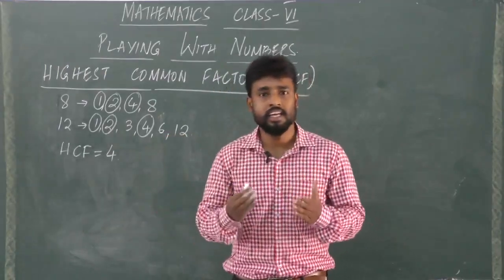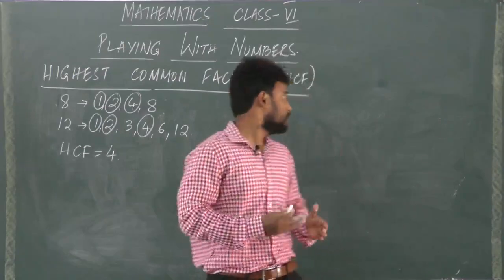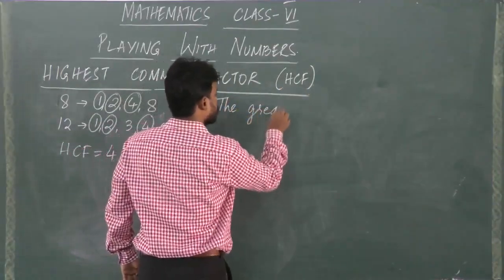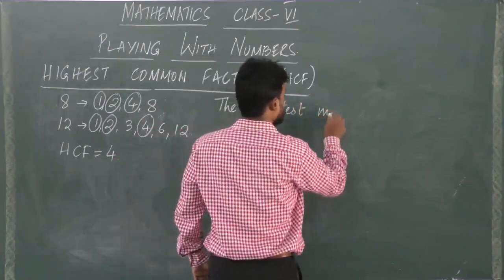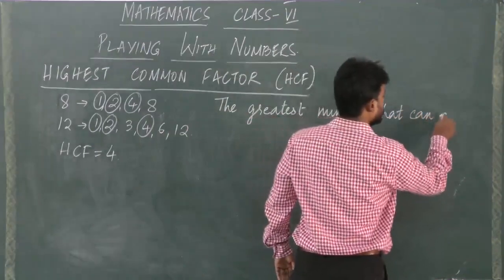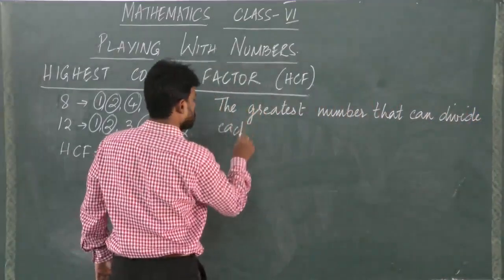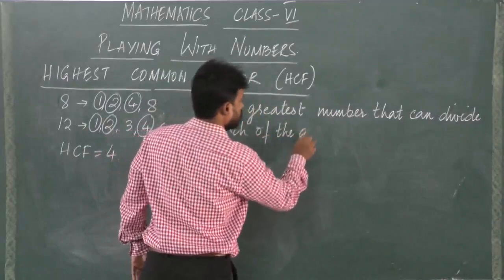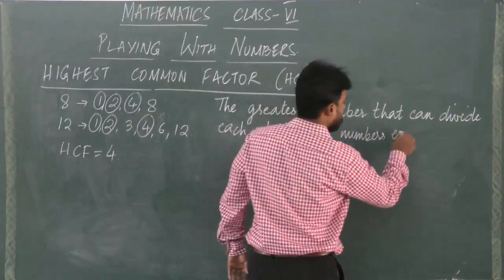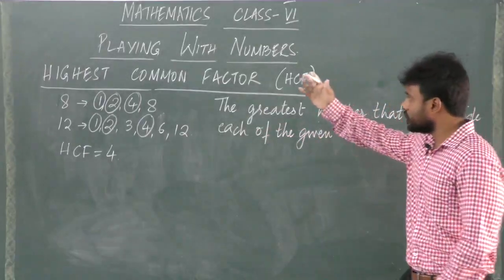So HCF is basically the greatest number which can divide each of the given numbers exactly. Let me write it down. So what is HCF?